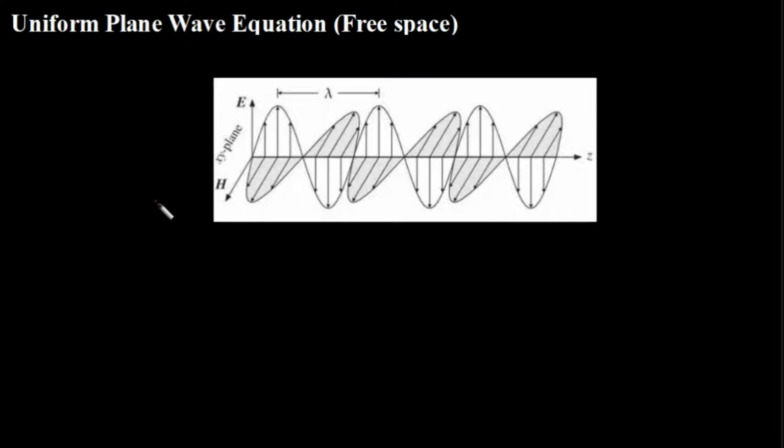We say uniform electric field, right? We say uniform magnetic field, right? If that particular electric field or magnetic field is not varying with time and space, we say that it is constant. In the same way, if this traveling wave, under the effect of this electric and magnetic field existing in the same plane, travels without changing its phase and magnitude throughout the plane, we can call it a uniform plane wave.